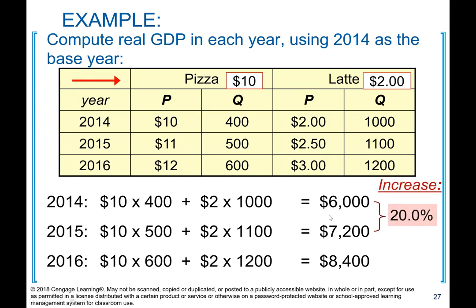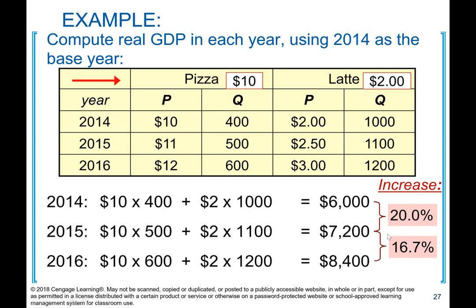Okay. If you calculate the percentage increase between 2014 and 2015, it is 20%. Between 2015 and 2016, the percentage increase was 16.7%, a more realistic number.